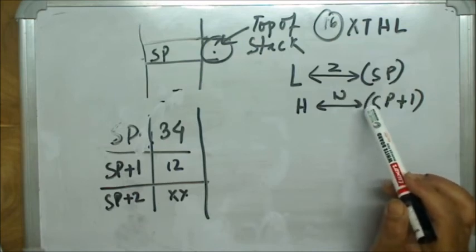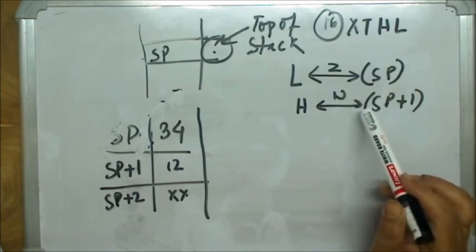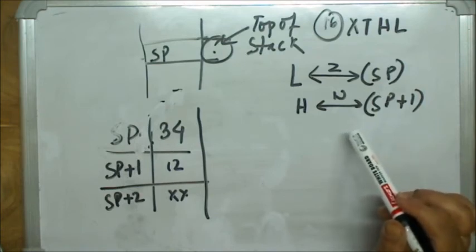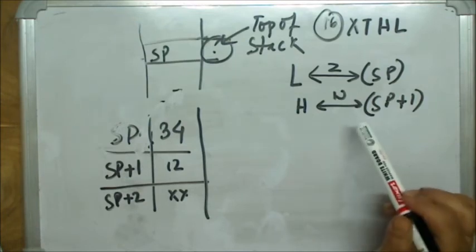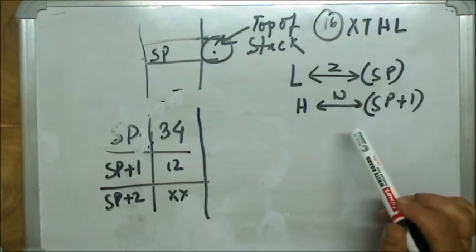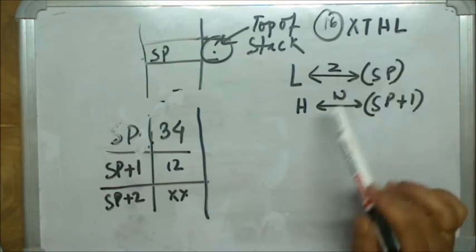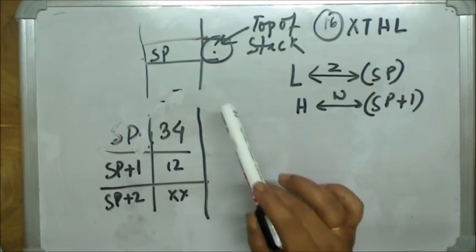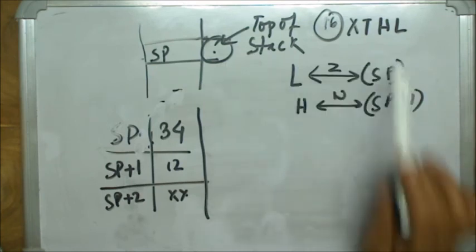You know there is a top of stack register. The most important element of the stack is the top. So you want to exchange the topmost element of the stack with the HL pair. That is what XTHL means.